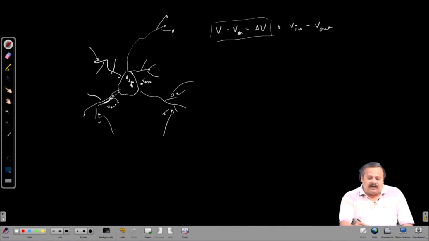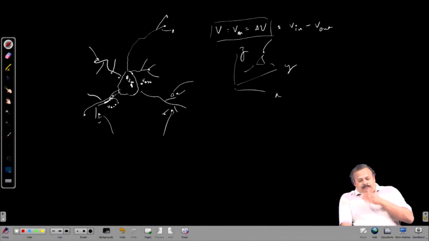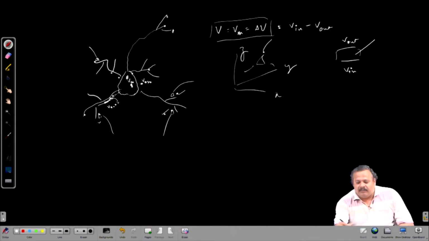Let us say we have a 3D coordinate system x, y and z, and in there the neuron is present. Then each patch of membrane around which we are measuring the V in minus V out, this is the inside, this is the outside, has a particular location in x, y and z.